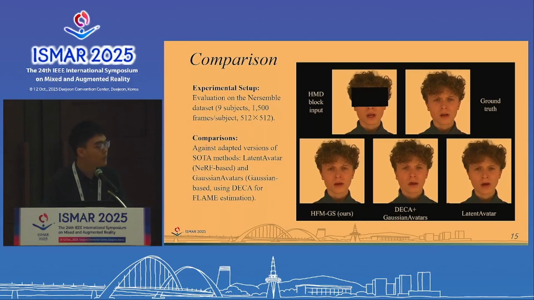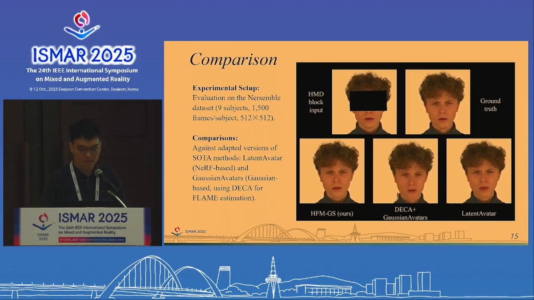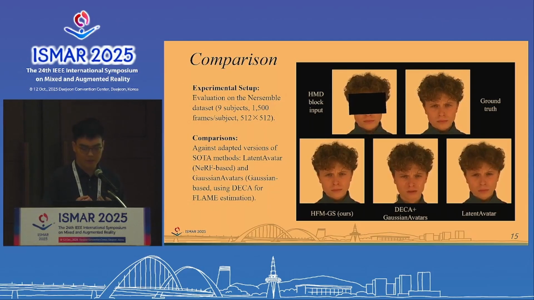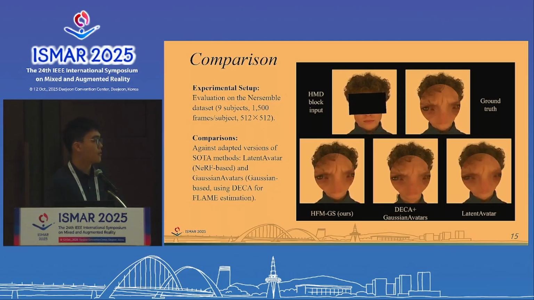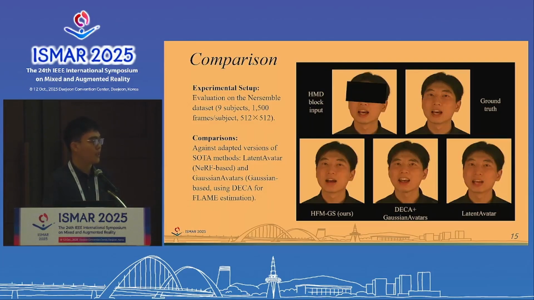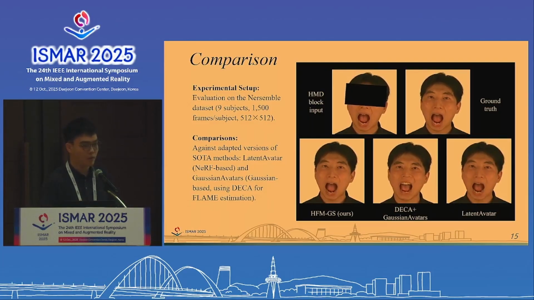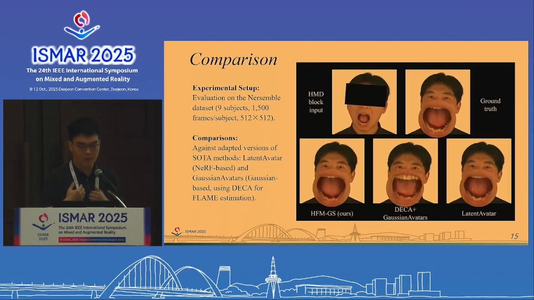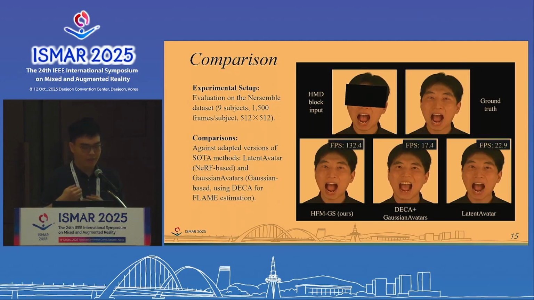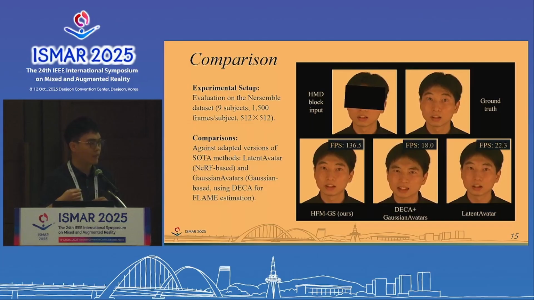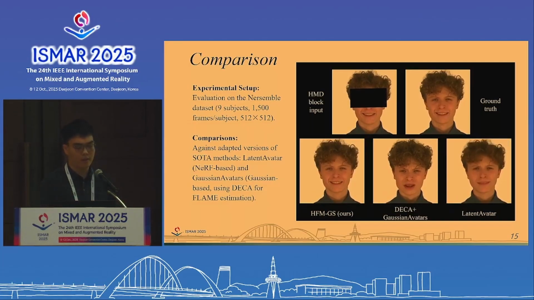So what was the key difference? The DECA and the Gaussian Avatars have some jittering because it uses DECA to estimate the FLAME parameters of the model, but with the HMD block, it may be hard for us to predict the accurate translation and rotation for it. So there are some issues like this.